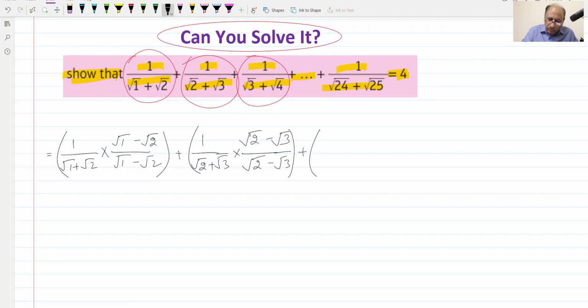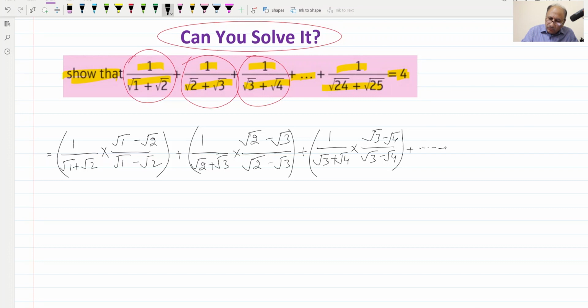Similarly we can rationalize this third term as well. So it will be 1 over under root 3 plus under root 4 and multiplied by under root 3 minus under root 4 over under root 3 minus under root 4, and plus so on.